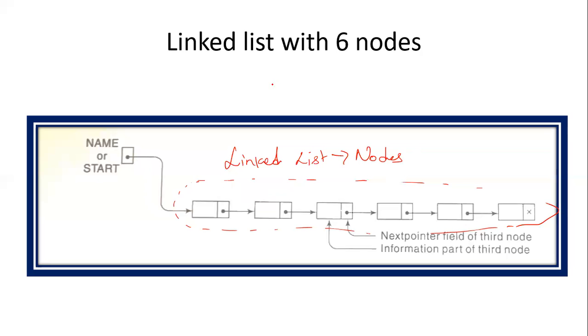Each node consists of information and the address of the next node. So obviously, if you hold on to one node, you will be able to traverse to the end of the list easily. That's how it works.